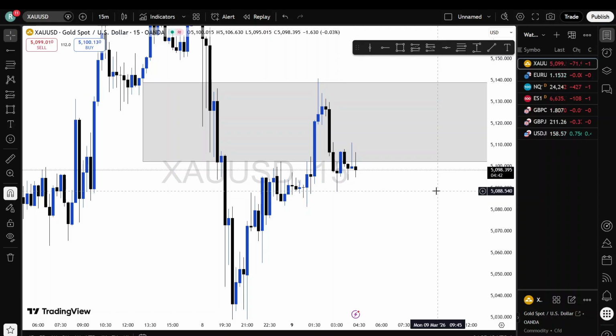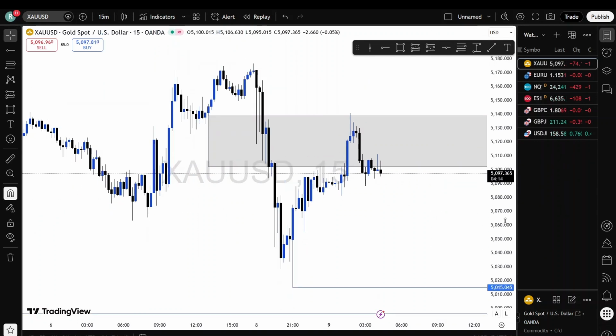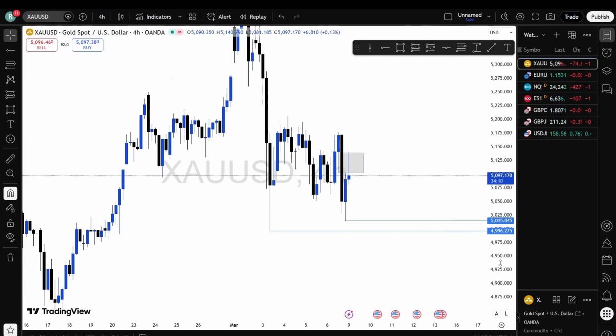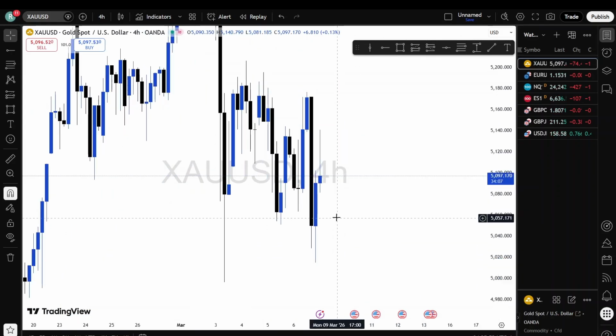The 4 hour TP was not yet hit. Price first gave the TP according to the 1 hour because that is the lower time frame. After the lower time frame TP got hit, price went for the higher time frame TP, that is the 4 hour TP. So I was targeting the 4 hour recent high, and you can see the 4 hour recent high was tapped. I can show you here. Okay, let me show you this one. Let me clear everything.